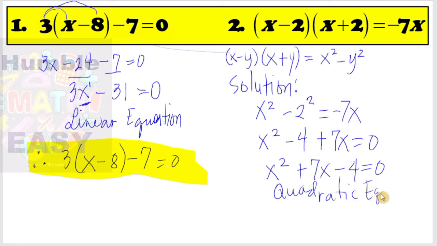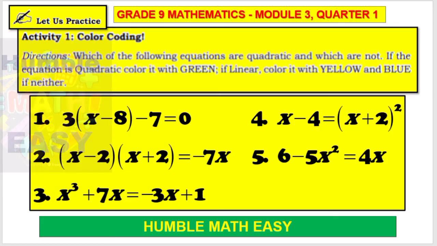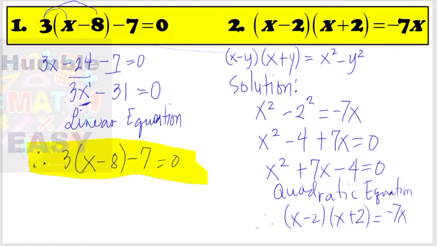Therefore, we have x minus 2 times x plus 2 is equal to negative 7x. Using the direction, if it is a quadratic equation, we have to mark it green, so we mark this one as green.